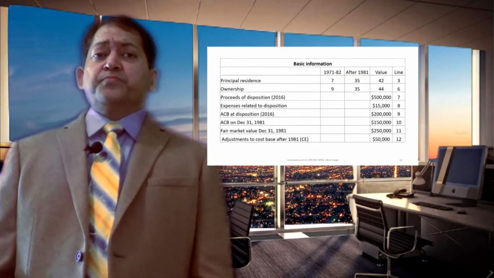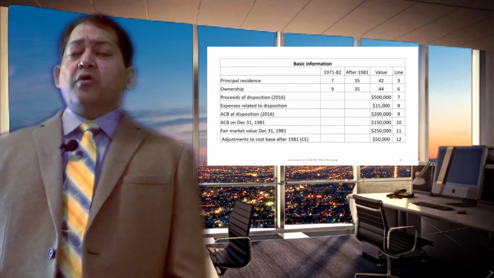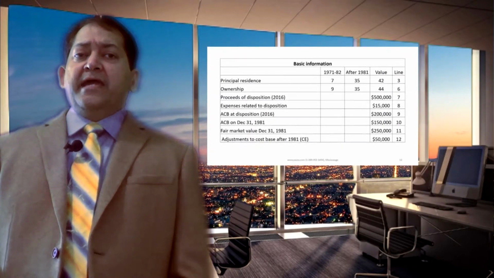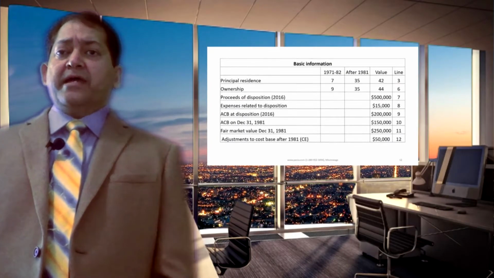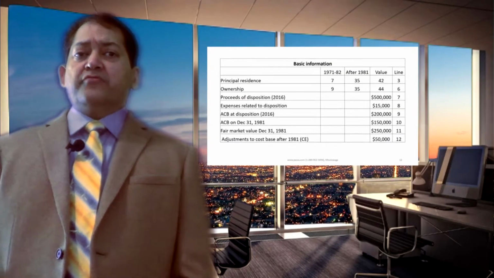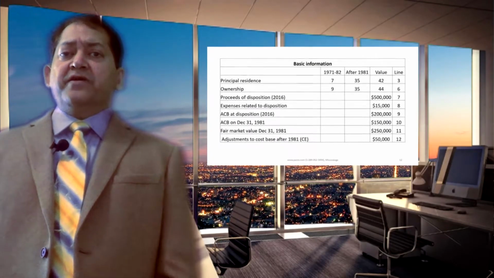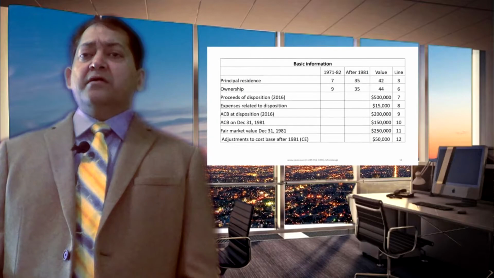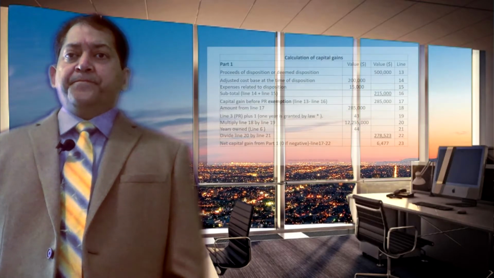Similarly, adjusted cost base on December 31st, 1981 is assumed to be $150,000, and it is mentioned on line 10. And the fair market value on December 31st, 1981 is mentioned on line 11, that is assumed to be $250,000. Finally, adjustments to cost base after 1981, that is the capital expenditure I mentioned earlier, is assumed to be 50,000. It is mentioned on line 12.